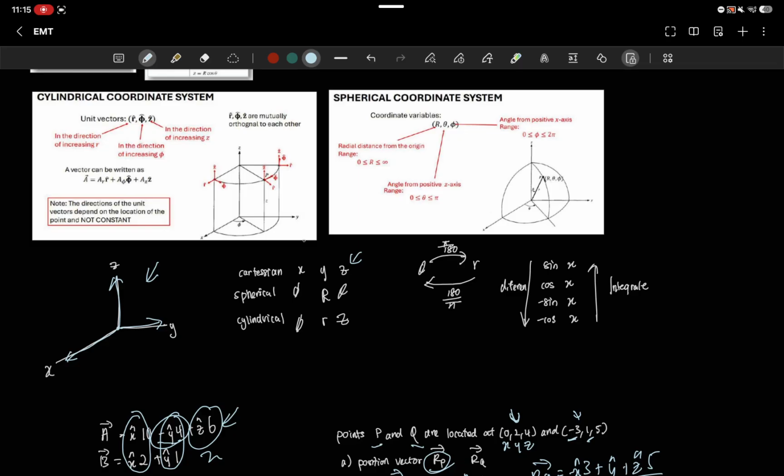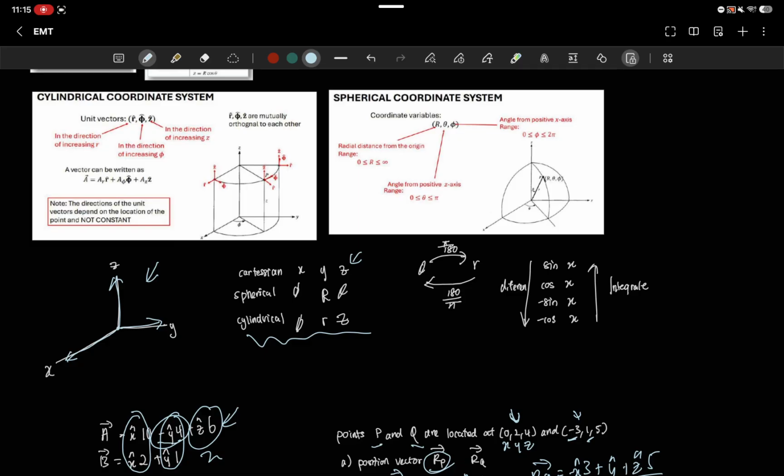In Cartesian we call it x, in spherical we call it theta, cylindrical also the same. For y, in spherical we call it big R, in cylindrical we call it small r. For Cartesian z we call it theta, sorry, any word that you want to use. In cylindrical, it's z. This is not the exact table, it is a simpler form of table that you may use.